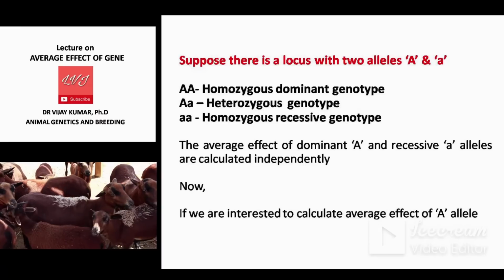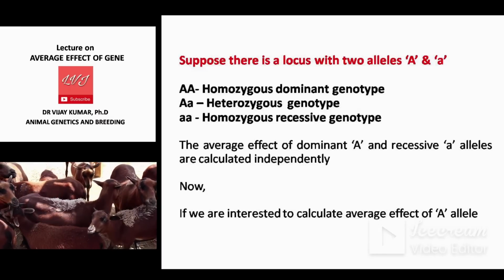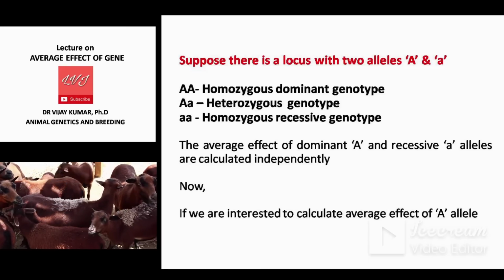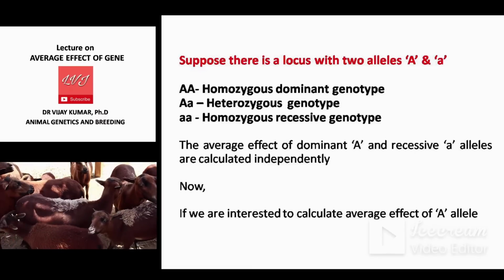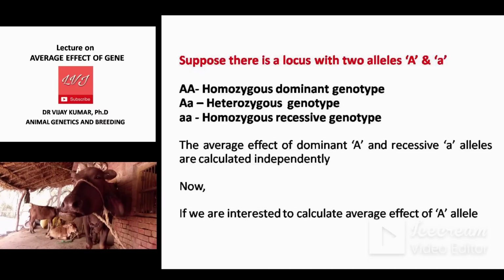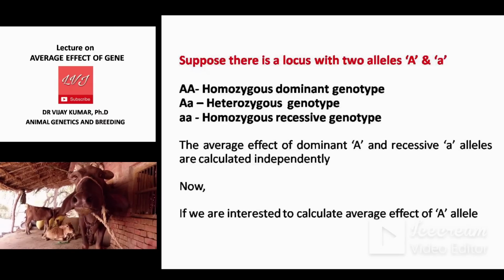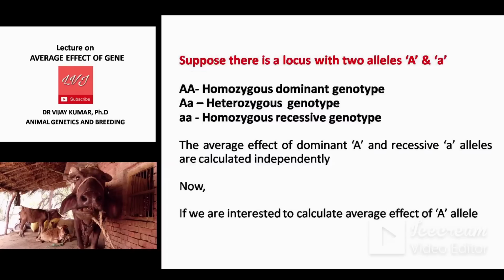Capital A small a, heterozygous genotype. And small a small a, homozygous recessive genotype. The average effects of the dominant A allele and the recessive small a allele are calculated independently.